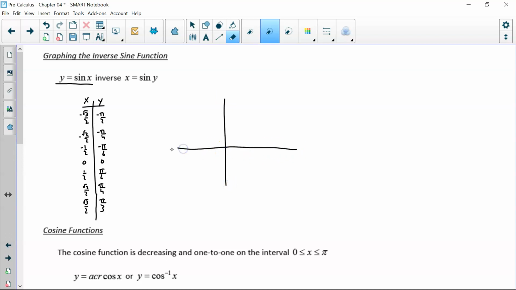Here's the graph of the inverse. Oh, and sorry, I forgot. Pi over 2, we're at 1, and negative pi over 2, we're at negative 1.